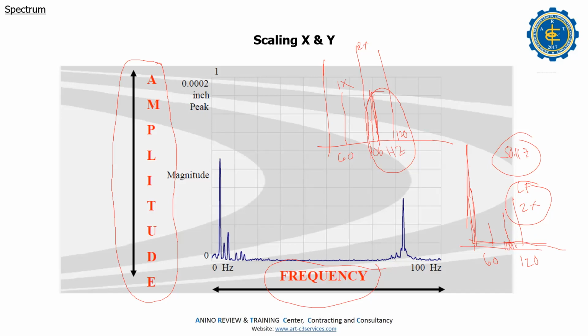Because you have 100 hertz. So that's the issue if your line frequency is 60 hertz. Even in your place, maybe if there's a problem with the vibration, technicians point at the electrical, mechanical, right?